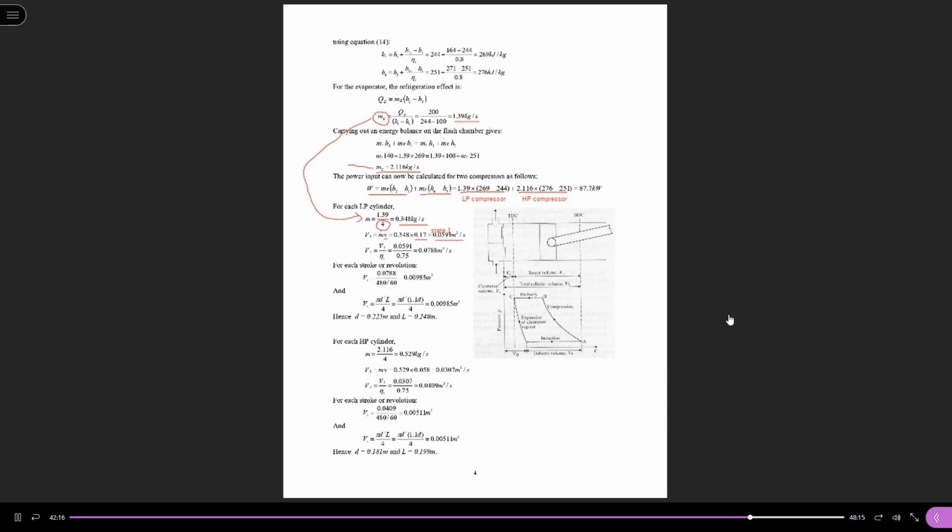Okay, this is the induced volume, through the mass flow rate and specific volume.